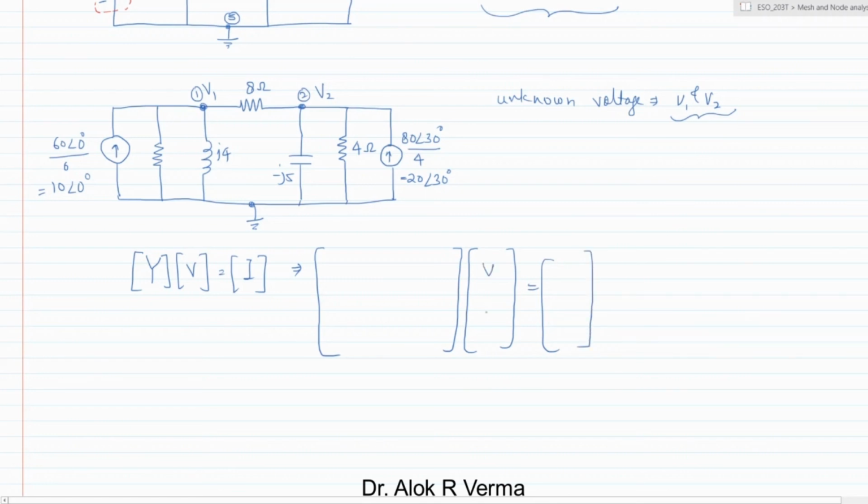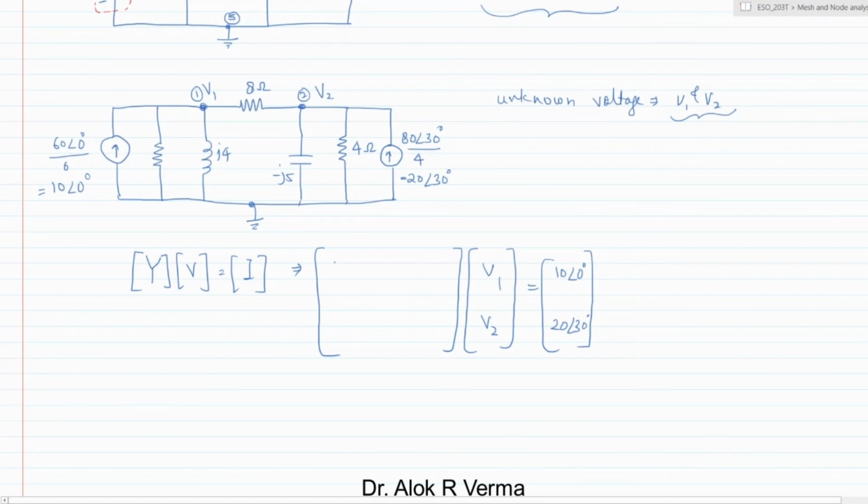So this is the voltage V1 and V2. The total source current at V1: we have assumed that the current which is approaching is to be taken as positive. So this is 10 angle 0, and at V2 it will be 20 angle 30. This is also approaching the node, so it is taken as positive.